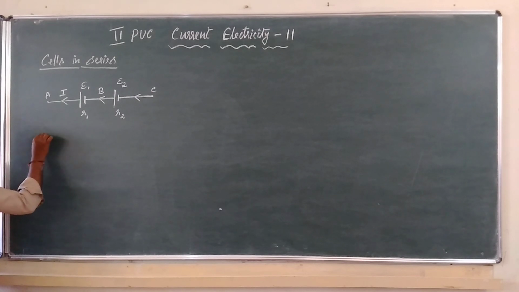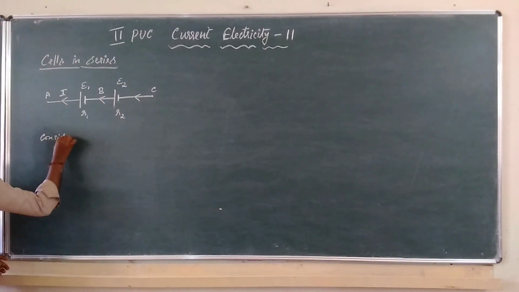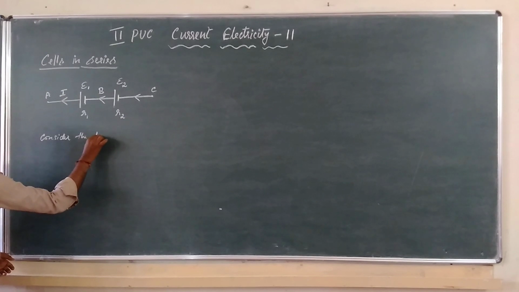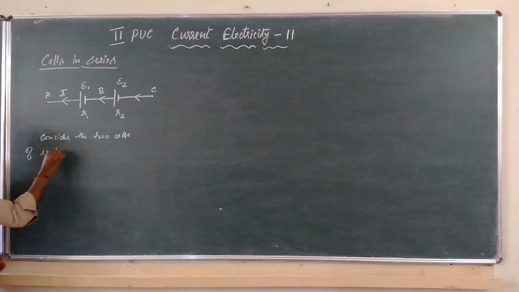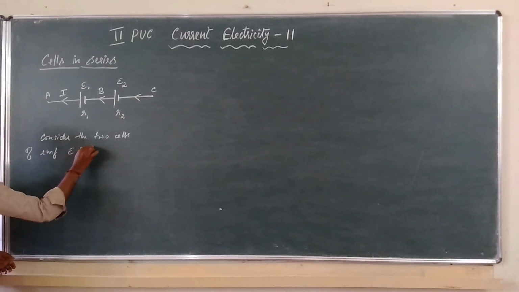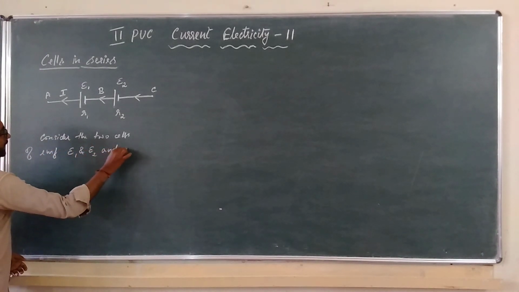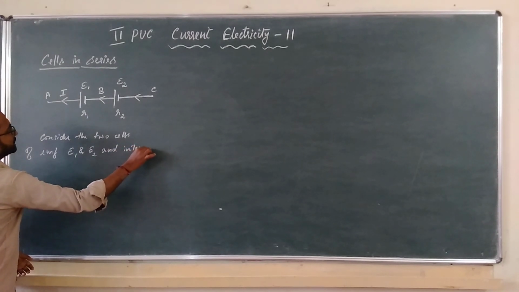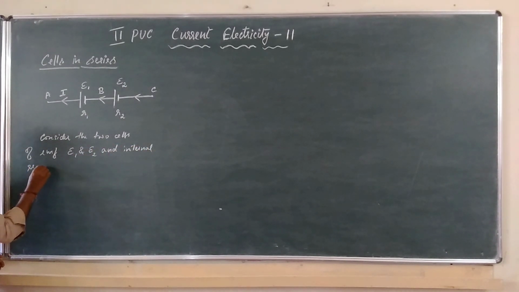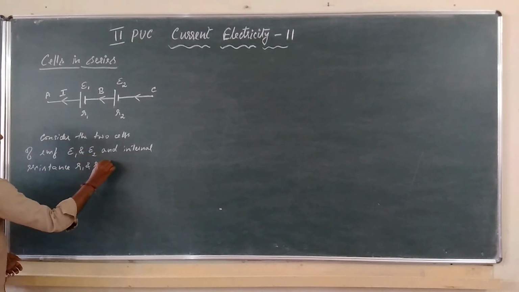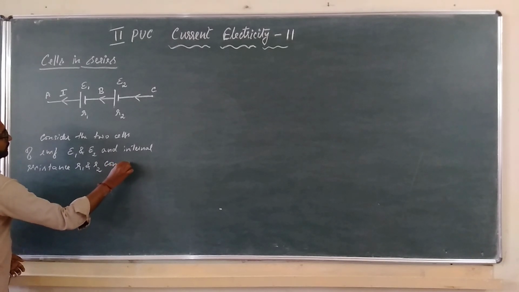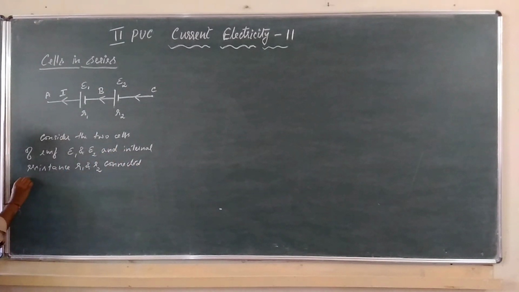So consider two cells of EMF E1 and E2 and internal resistance r1 and r2 connected in series.